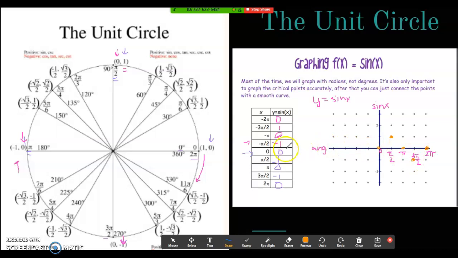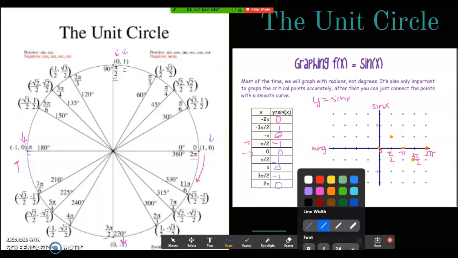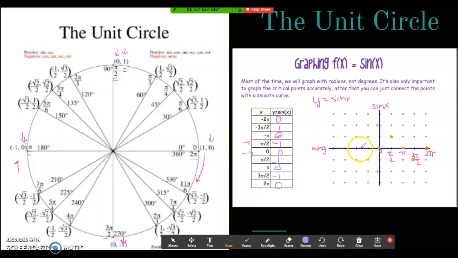I'm going to do the same for the negative side. So for our negative side, we would have -pi over 2, -pi, -3 pi over 2, and -2 pi.